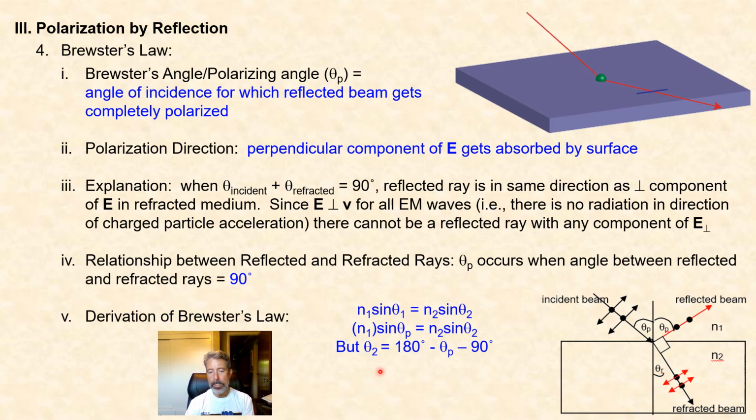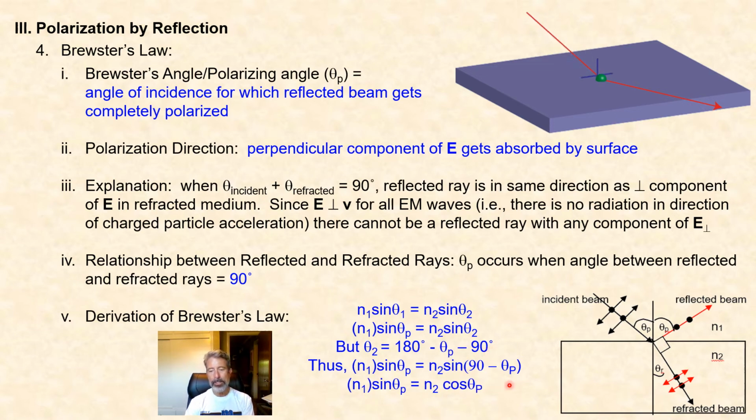So the angle of refraction, theta 2, is equal to 180 degrees minus our angle of reflection minus this 90-degree angle. Snell's law reduces to this: n1 times the sine of the polarizing angle is equal to n2 times the sine of theta 2, which we said is 90 minus theta sub p.